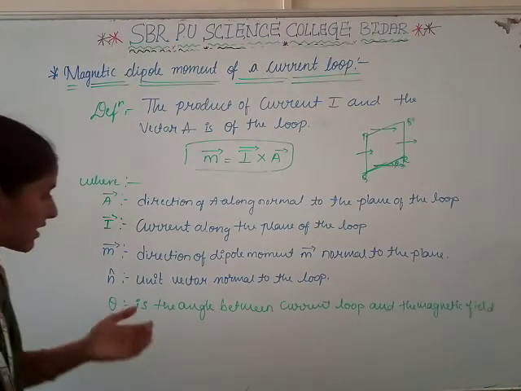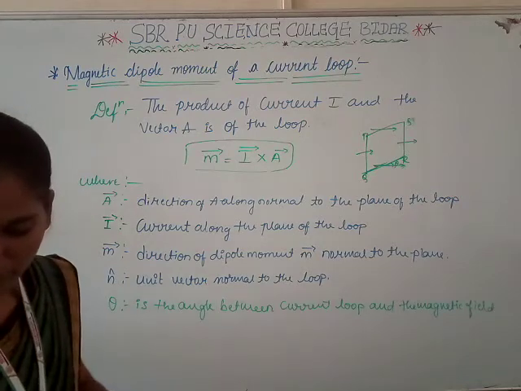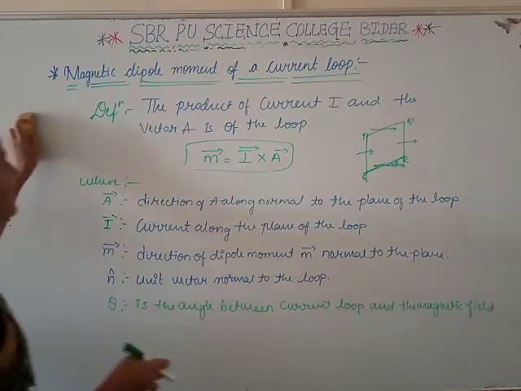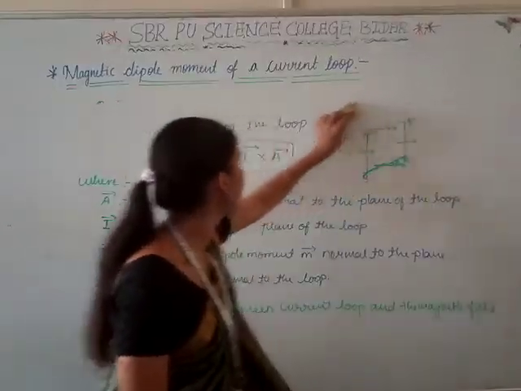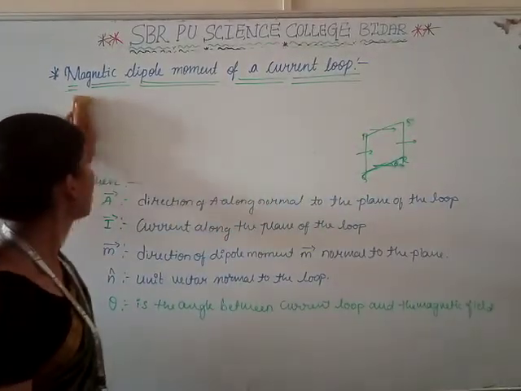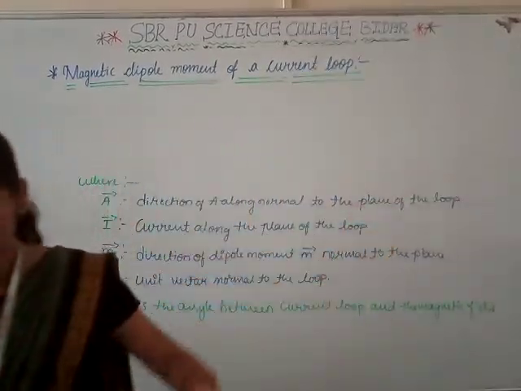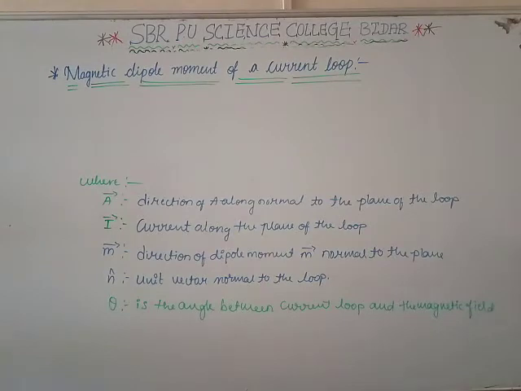Theta is the angle between the current loop and the magnetic field here. Next, in the previous class we found the torque on a rectangular loop, that is, tau equals IAB sin theta.